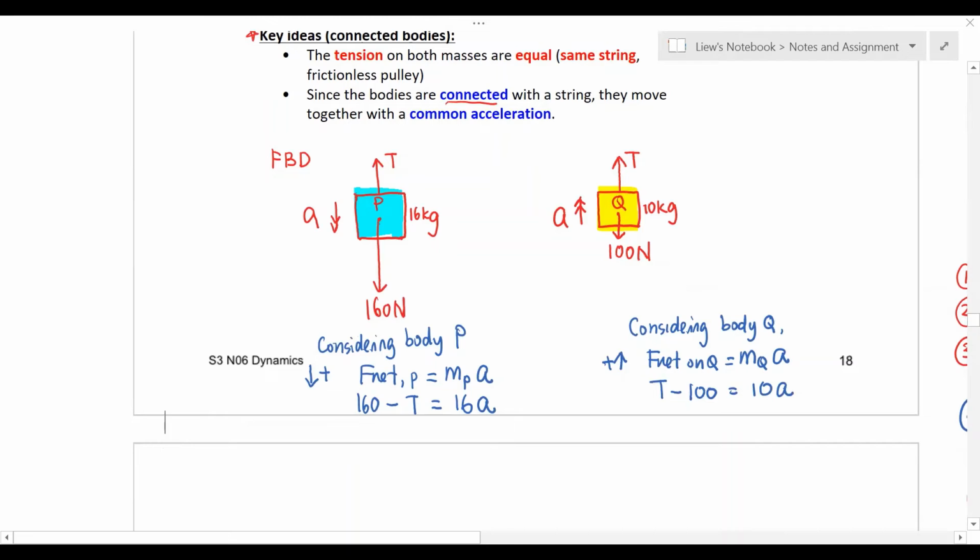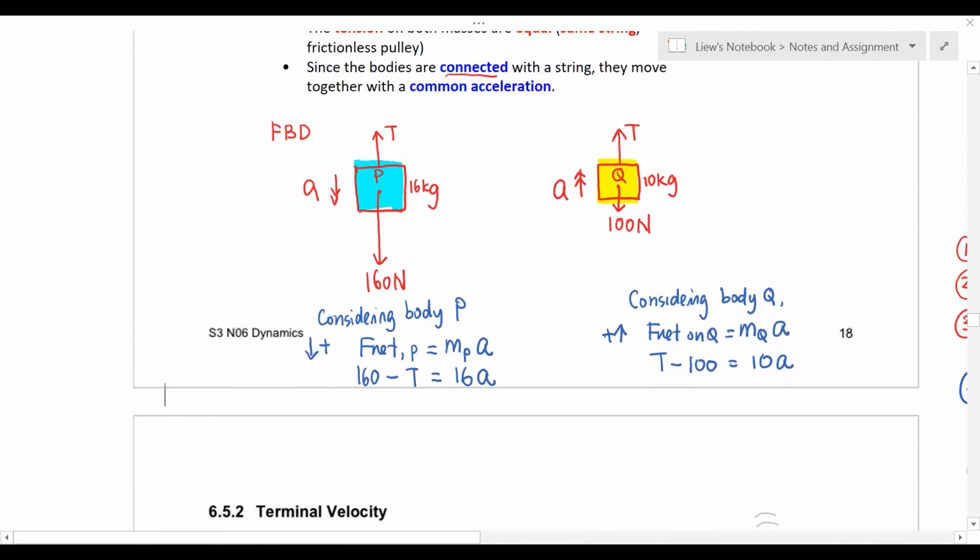So you see we have obtained two equations and we have two unknowns. So we need to solve a simultaneous equation. Your calculator does come with this function, and I'm going to demonstrate how to use it. The first thing you need to do is to rearrange your equations such that they are in the same sequence. For example, T comes first, followed by A, followed by the constant on the right-hand side. Rearranging the equation for P, I get T plus 16A equals 160.